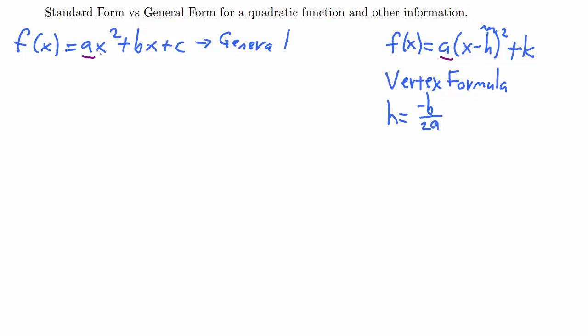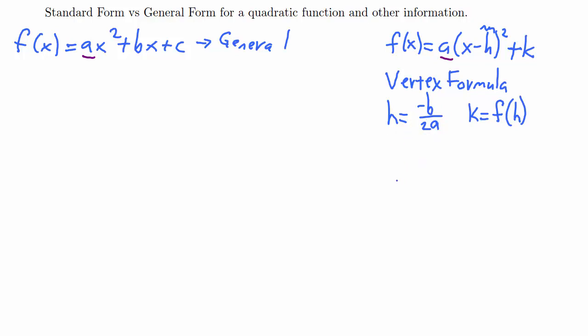That comes from this information here, negative b divided by 2a. And the k value is just whatever f of h is. In other words, what is f of negative b over 2a? So the biggest thing you need to remember is that h is equal to negative b over 2a.